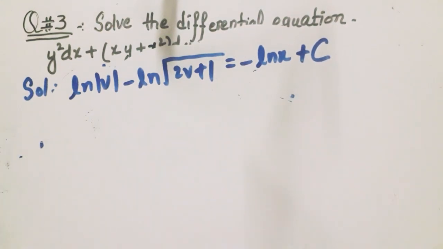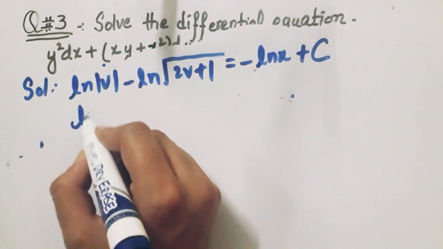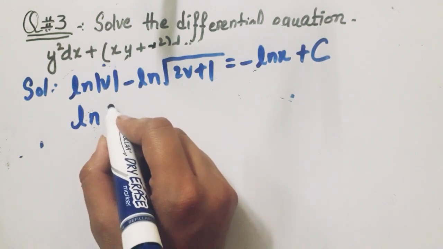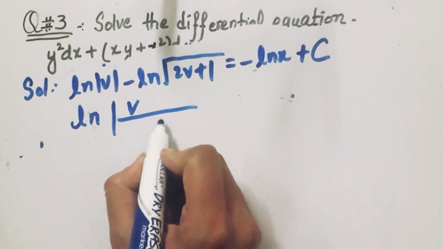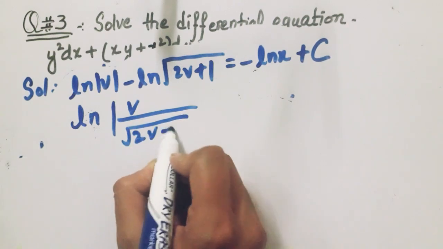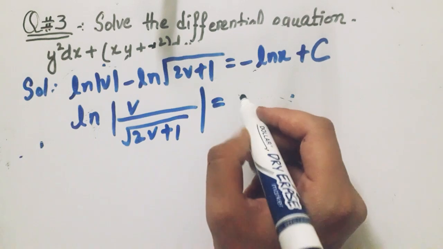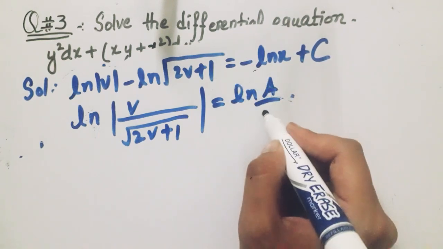Now in the next step, we will write this in the division form. So ln of v by square root of (2v plus 1) is equal to ln a by x.